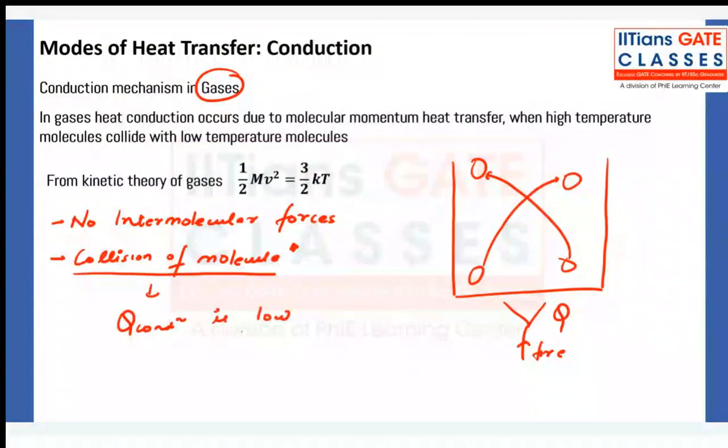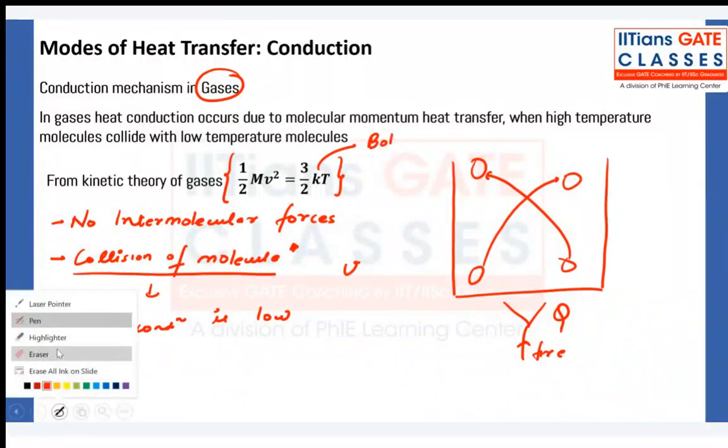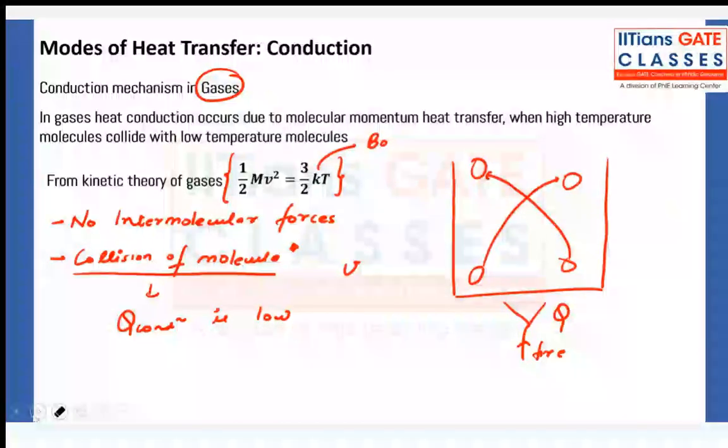Also you have to understand that according to the kinetic theory of gases, we get this equation. This is called the Boltzmann equation. Here is the velocity of the molecule, this k is the Boltzmann constant, and this is the molar mass.